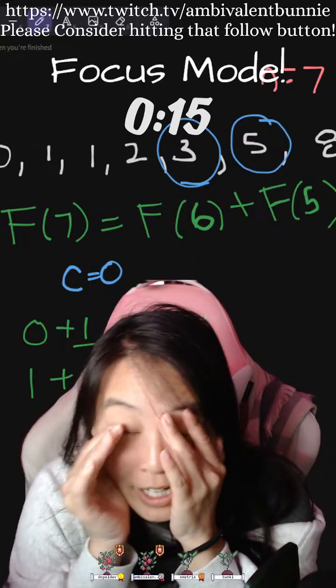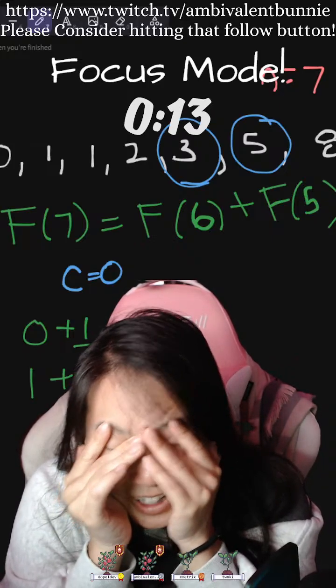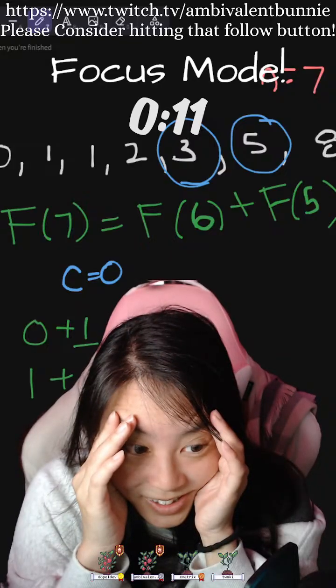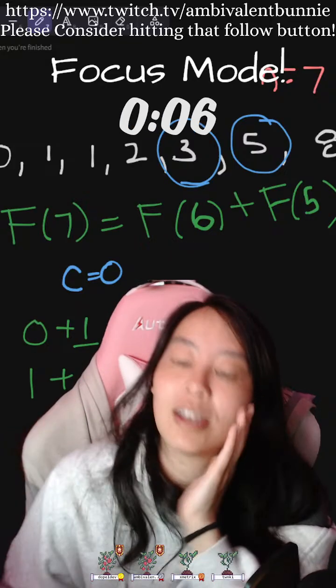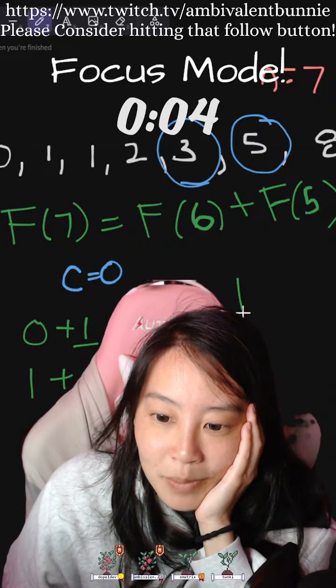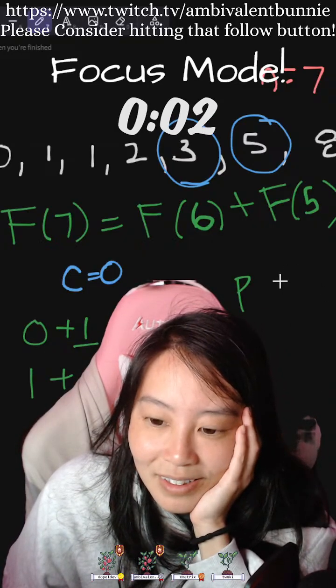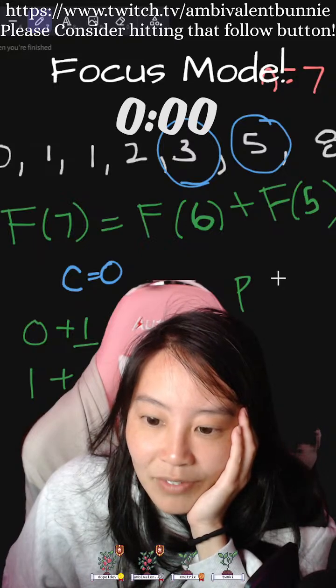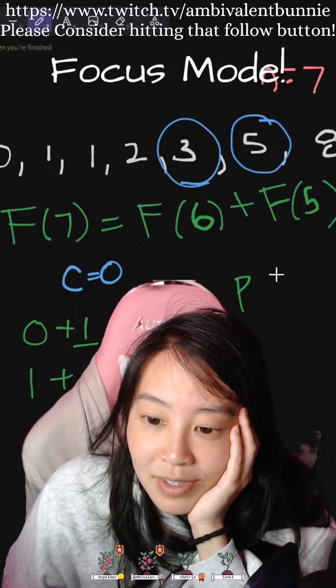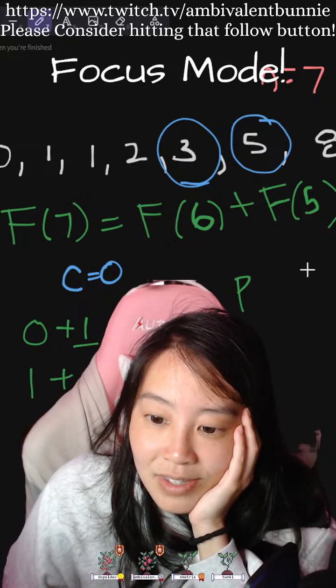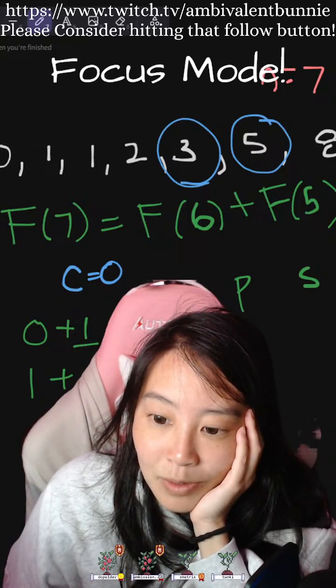Oh my god, why? I feel like this should not be. I think I'm overthinking it. Okay, so I have a previous and I have a current, or I have a sum. So I have this previous and then the sum, right?